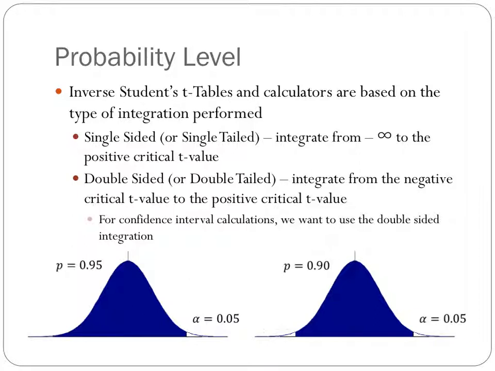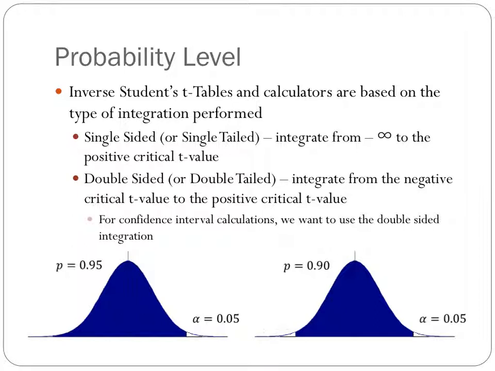T-distribution tables and calculators are based upon the type of integration that is being performed under the different t-distributions. So there are two types. One is called a single-sided or single-tailed distribution, and the other one is called a double-sided or double-tailed distribution. A single-sided distribution is when we integrate from negative infinity up to the positive critical t-value that is going to give us the desired probability level.